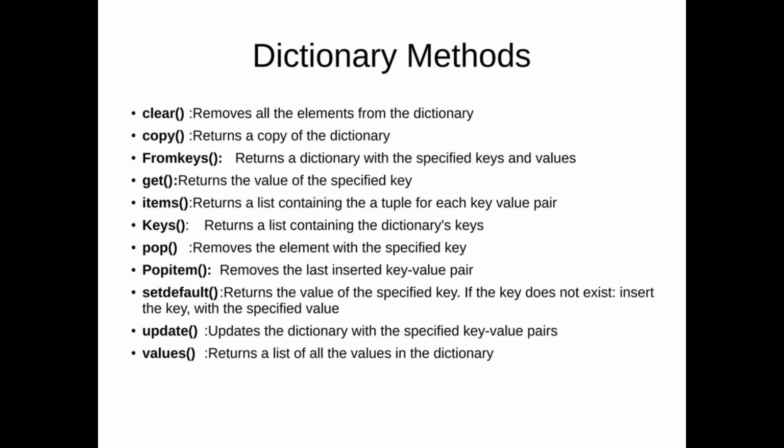Get returns the value of the specified key. Pop removes the element with the specified key. Next, keys returns a list containing the dictionary keys. Setdefault returns the value of a specified key, and if the key does not exist, inserts it with the specified value. Update updates the dictionary. Values returns a list of all the values in the dictionary.